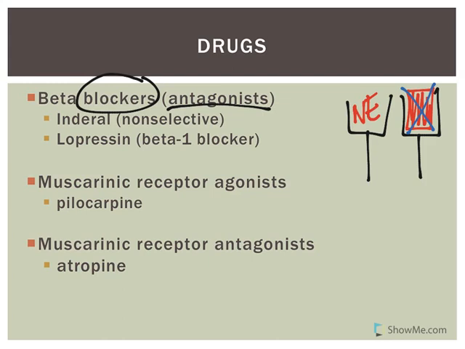So those are antagonists. Now, the effects of those, because they inhibit the normal neurotransmitter from binding to it, or in the case of hormones released by the adrenal medulla, which would be norepinephrine or epinephrine, what you would have is the opposite effect of what you would expect with that neurotransmitter binding.